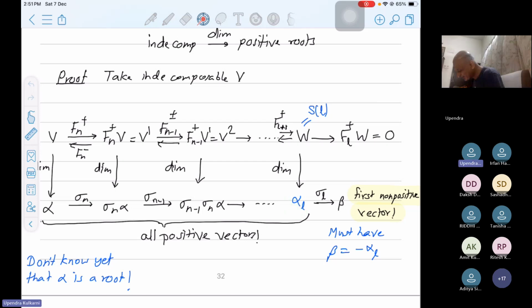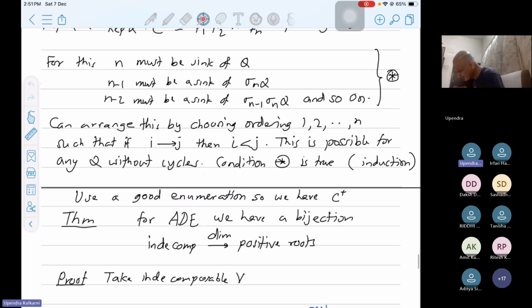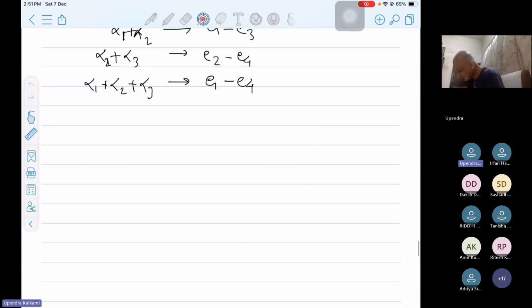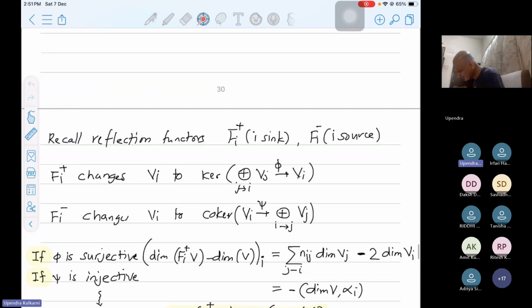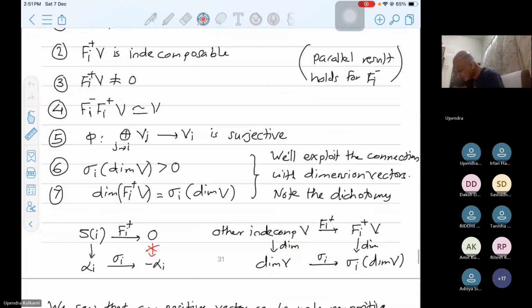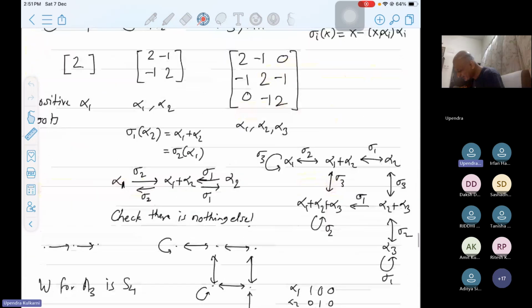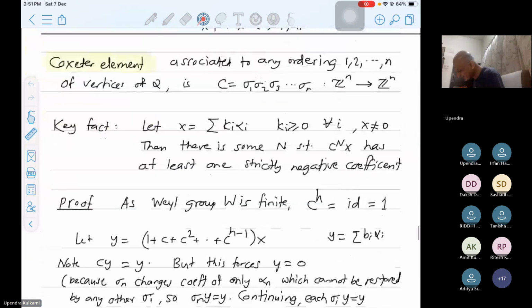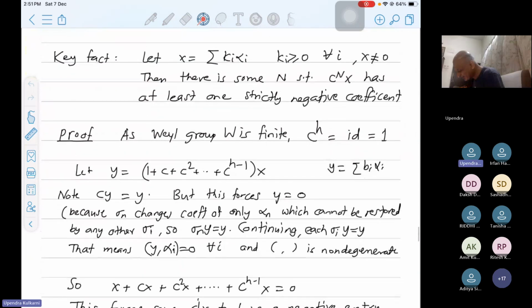Just to get started, I needed this result, which I proved earlier, the last bit of work that we did, on the Coxeter element. We had this key fact that the Coxeter element takes any positive vector and some power of it will have negative entries.